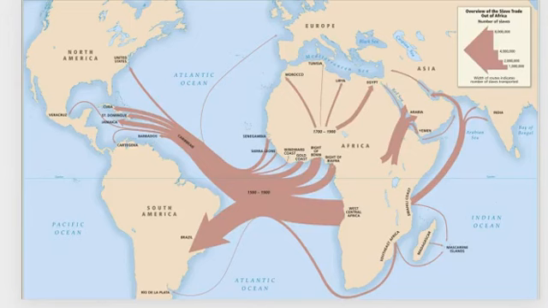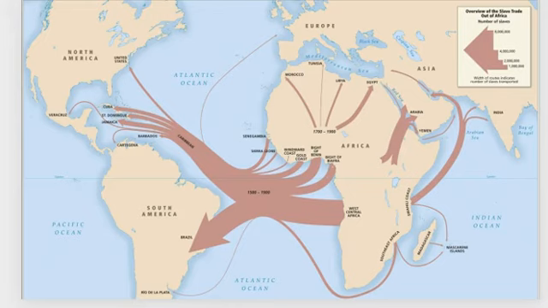The next thing I wanted to show you guys, just as we sort of wrap up this unit on the slave trade, is going to be this map, and this is going to show you where slaves are coming from and the areas that they are going to. So keep in mind that only around 3% of slaves are taken to North America, and I bring that back up because I really want you guys to understand while we talk about the slave trade before we talk about the North American colonies.